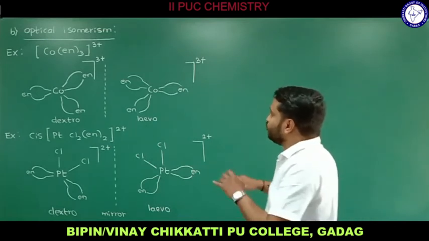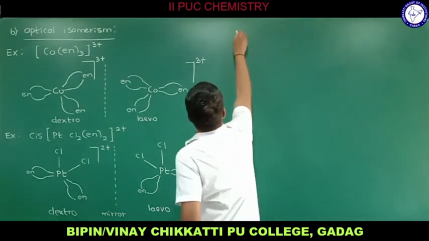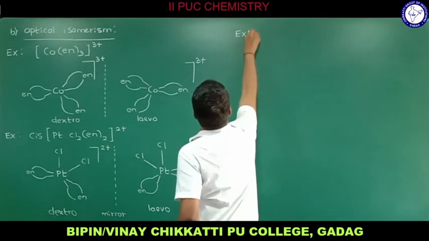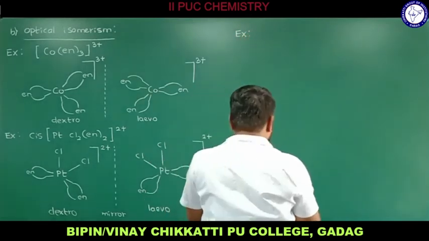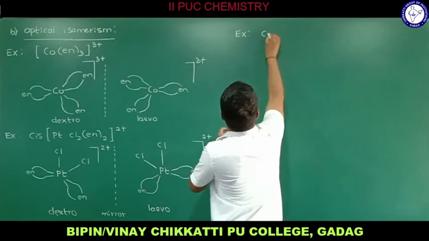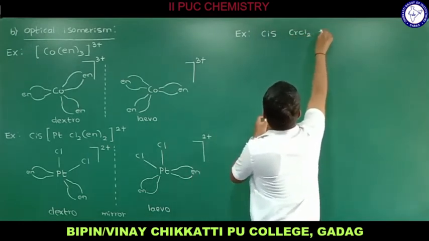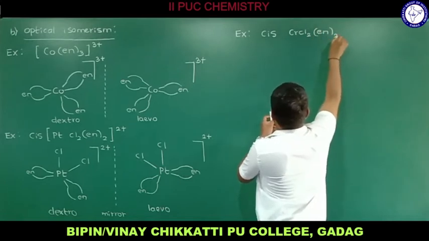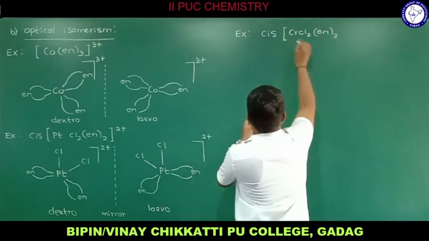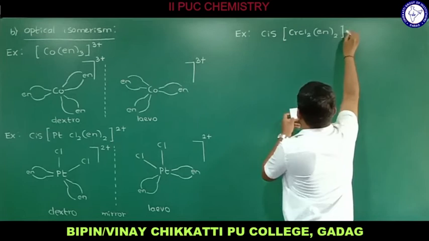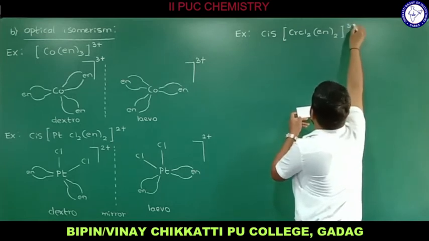So we'll see one more example. Using that I am going to explain one more property related to optical isomers. The example I am going to consider here is cis of CrCl2 En 2 times, and it has a charge, the charge will be 3 minus.